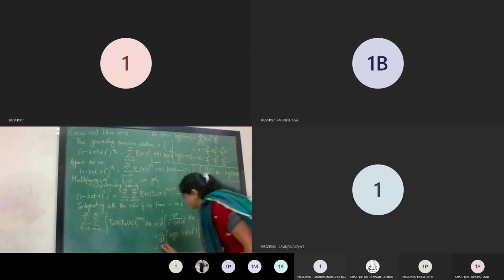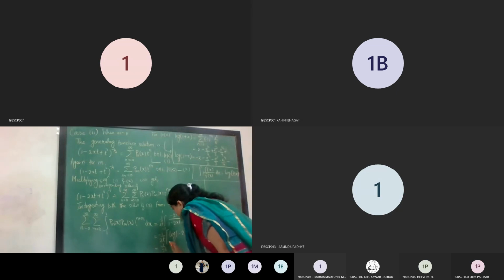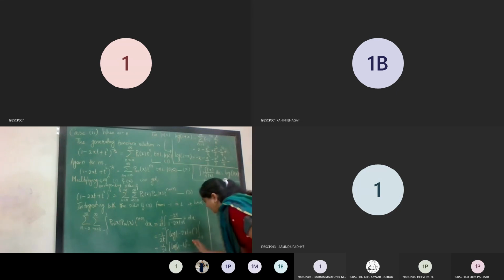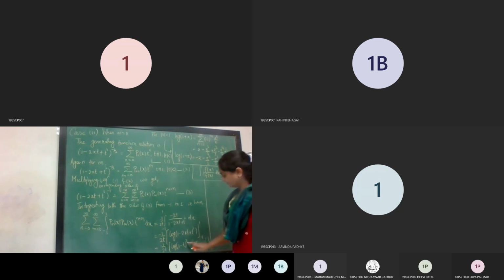So I can write this as 1 upon minus 2t, log of 1 minus t whole square minus log of 1 plus t whole square. From the logarithm property, the 2 in the exponent can be taken as a multiplier, so I can cancel out the 2 and 2, and multiply the minus sign with this term.